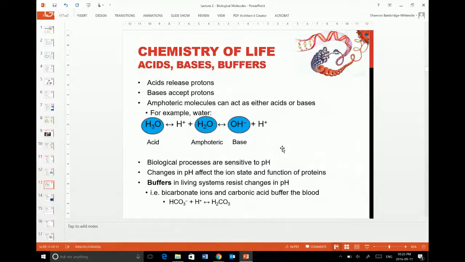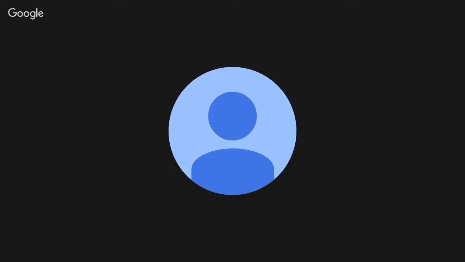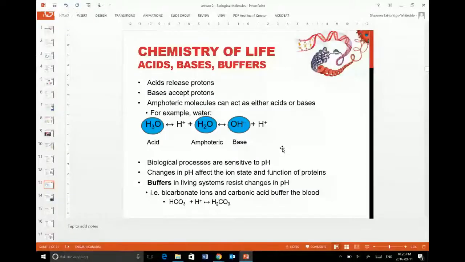Acids and bases and buffers. Again, we're not talking about these over the course. Biological systems are highly attuned to work at very specific pHs. When we refer to pH, what we're referring to is free hydrogen protons that are available.